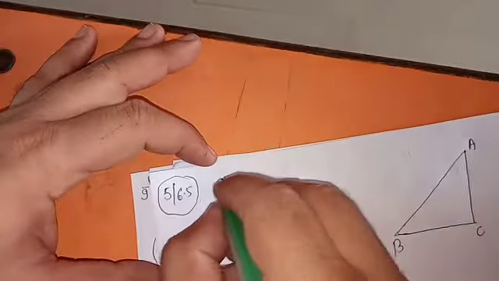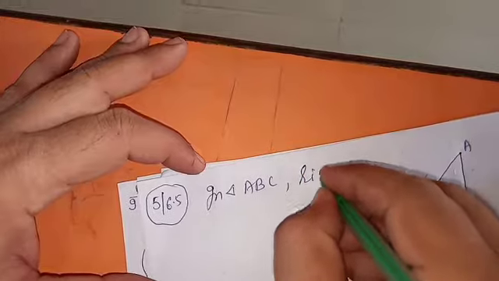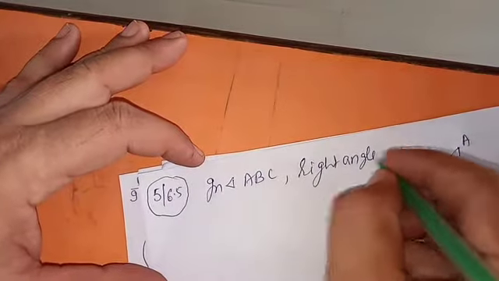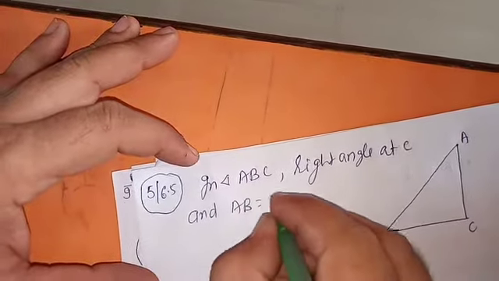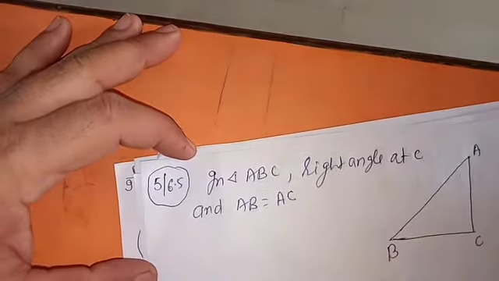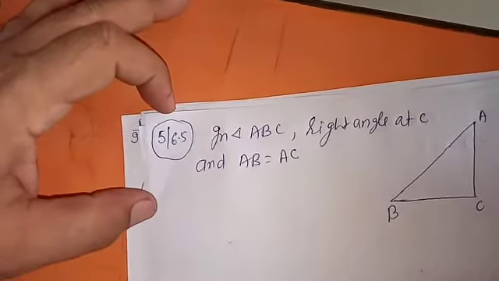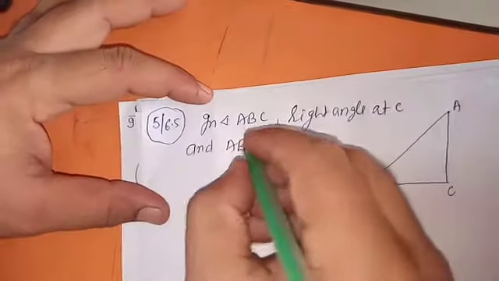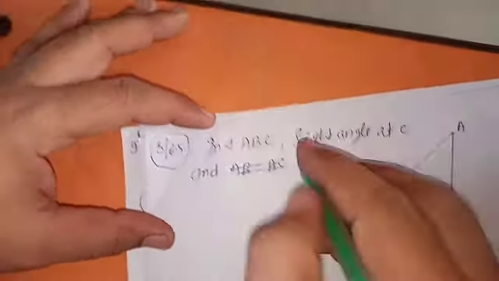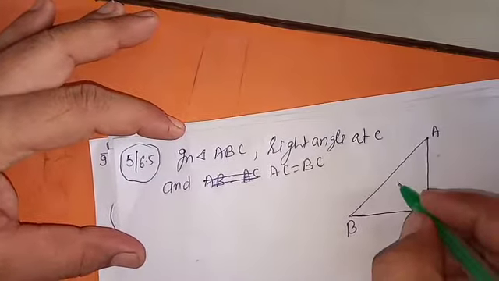So in triangle ABC, right angle at C and AC equal to BC. AB is the hypotenuse.